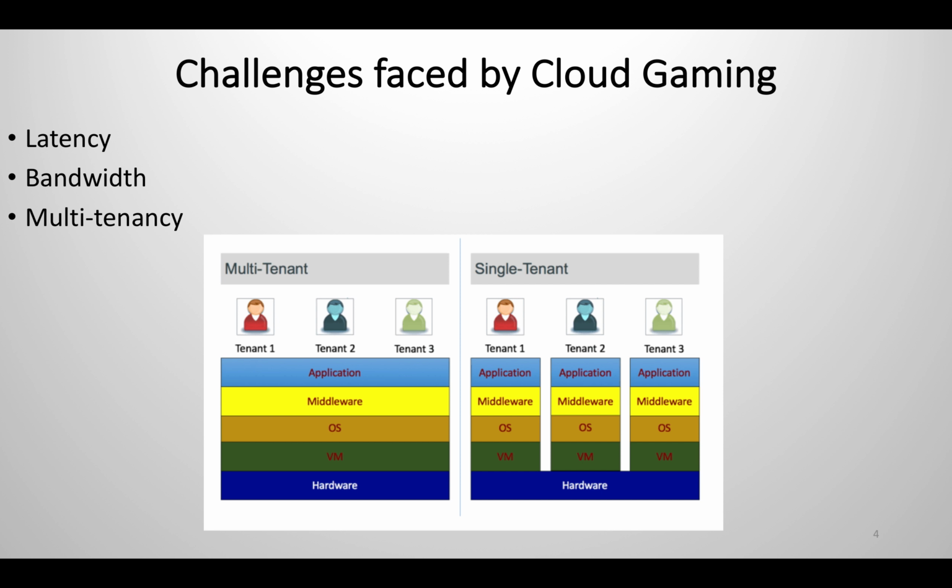In a single tenant system, each tenant will have a particular instance which it can refer to. While in this multi-tenancy system, multiple customers will be able to access the same instance.